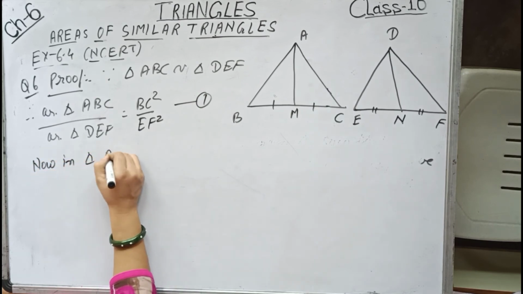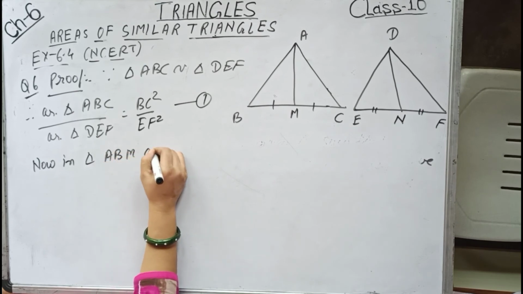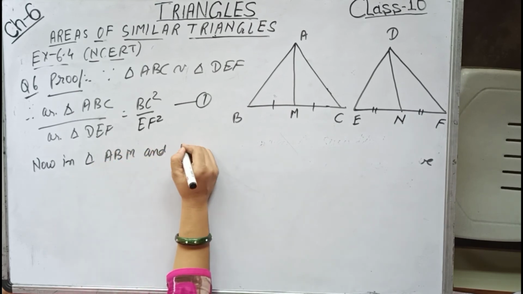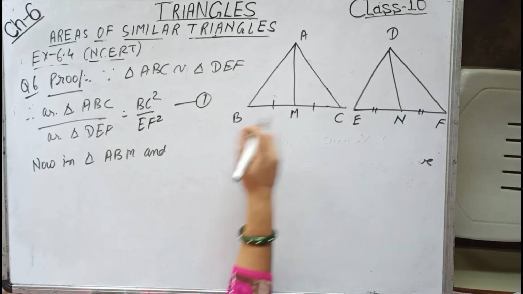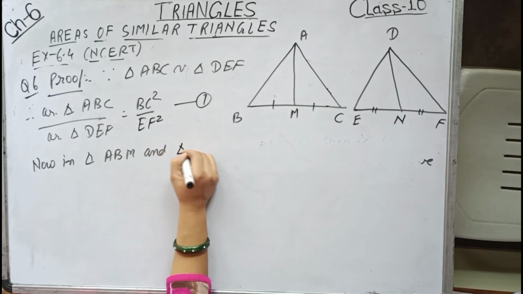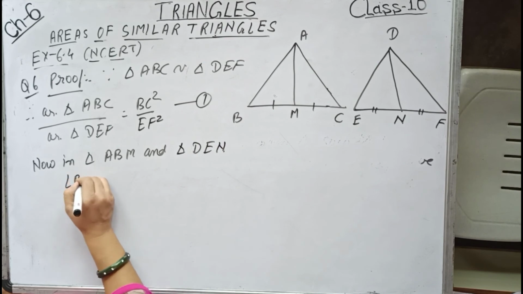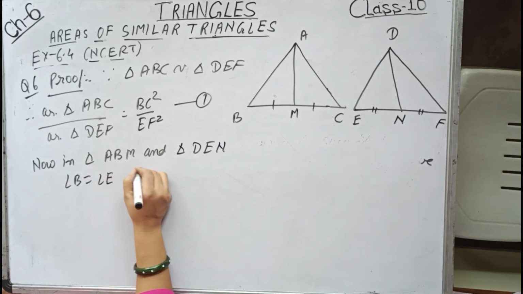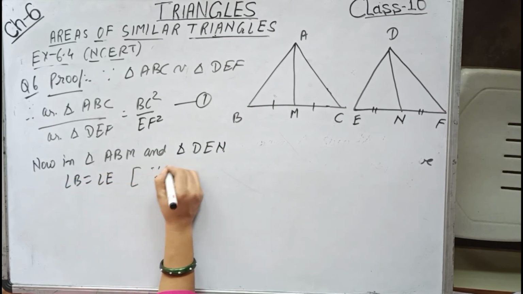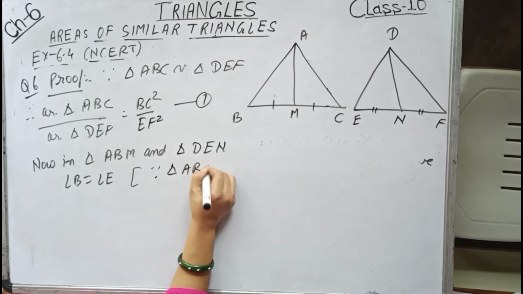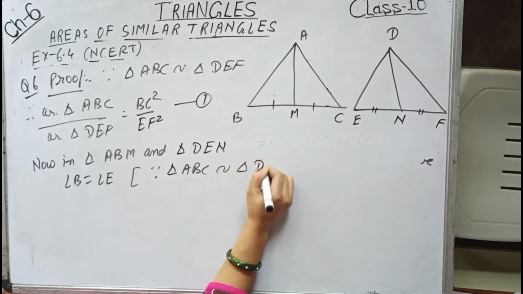Now in triangle ABM and triangle DEN, angle B equals angle E, since triangle ABC is similar to triangle DEF.